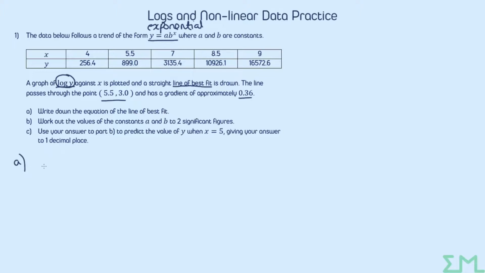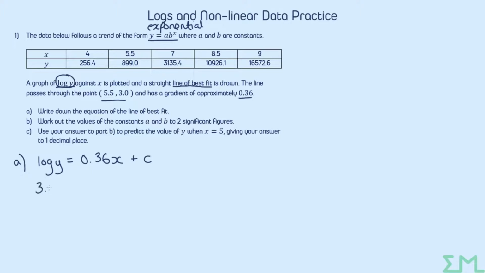So I'm going to write down my equation of the line so far as log y equals my gradient 0.36x, because being an exponential function, remember when we log exponential functions we do not log the x as well, as it turns out. And then I'm going to just leave my unknown as c. So now I can put these values in, bearing in mind that this is my x coordinate and this is actually my log y coordinate.